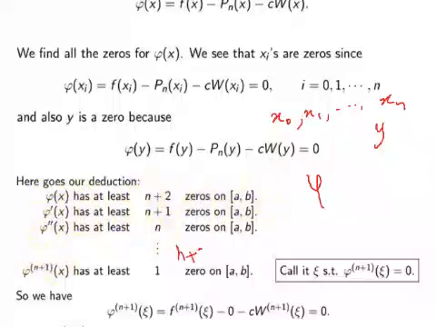Initially you have n plus 2 zeros, and for this derivative you have n plus 2 minus n plus 1. You have at least one zero on this interval a b.